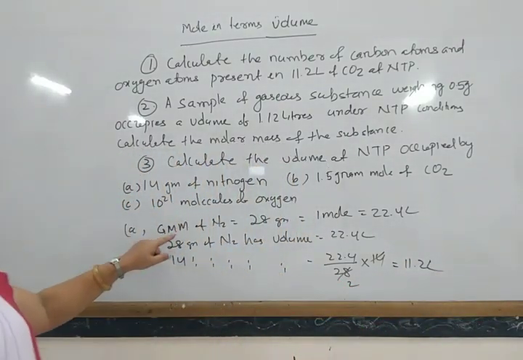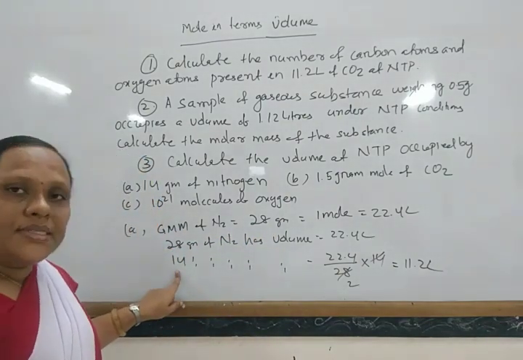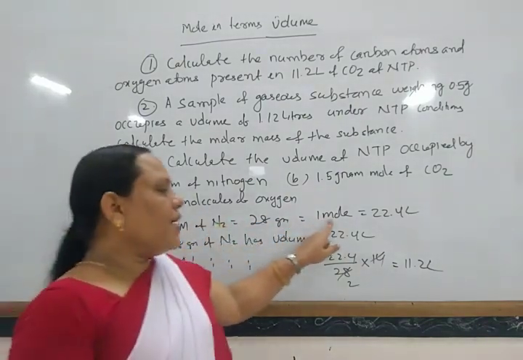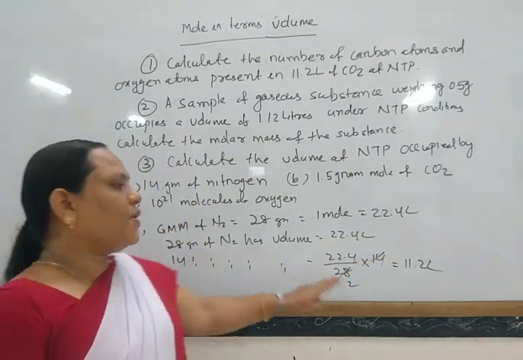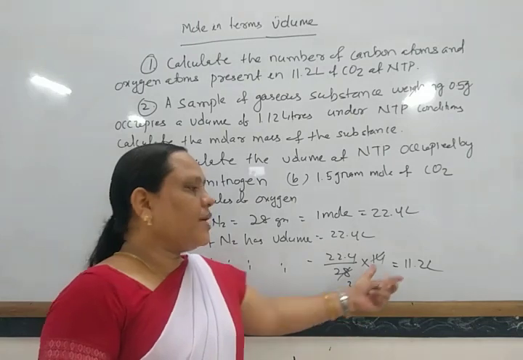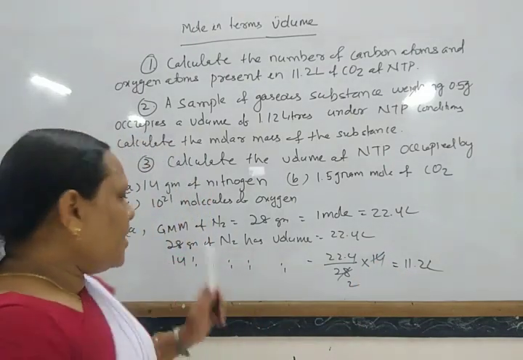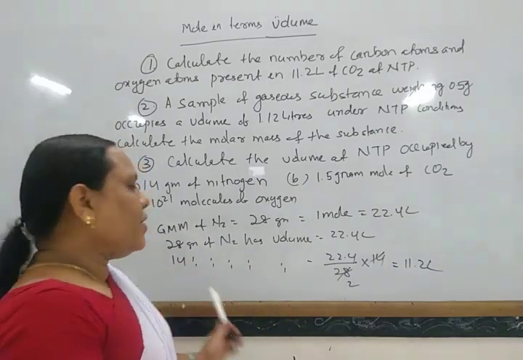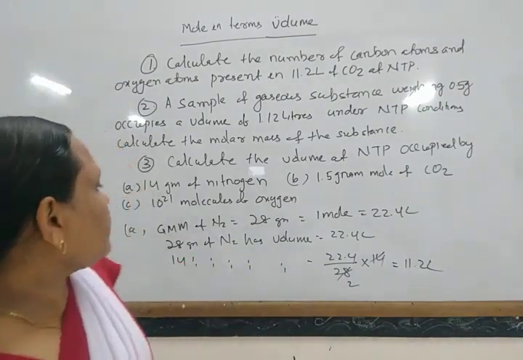Or, gram molecule is 28 gram, so how many moles? 14 gram means half mole. 1 mole has volume 22.4 liter, then half mole has volume 22.4 by 2, 11.2 liter. Either you solve in terms of weight, or you can solve in terms of mole.